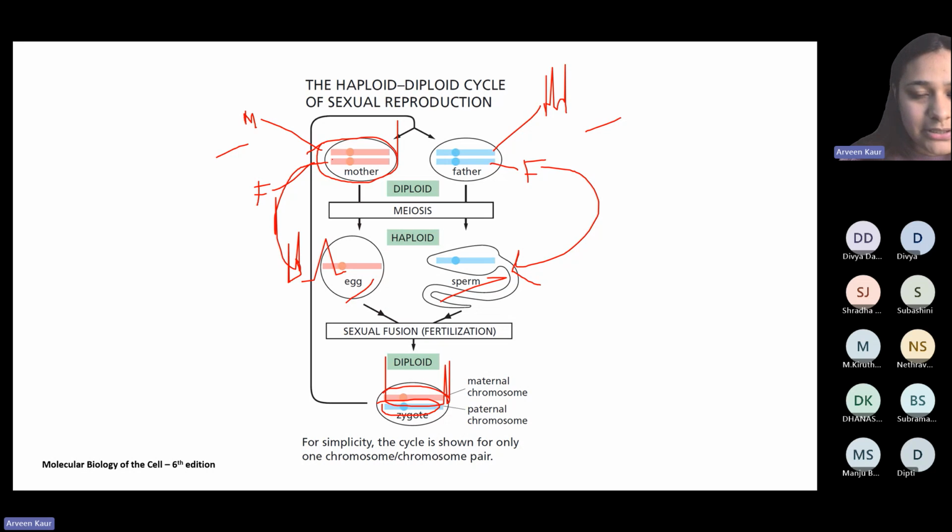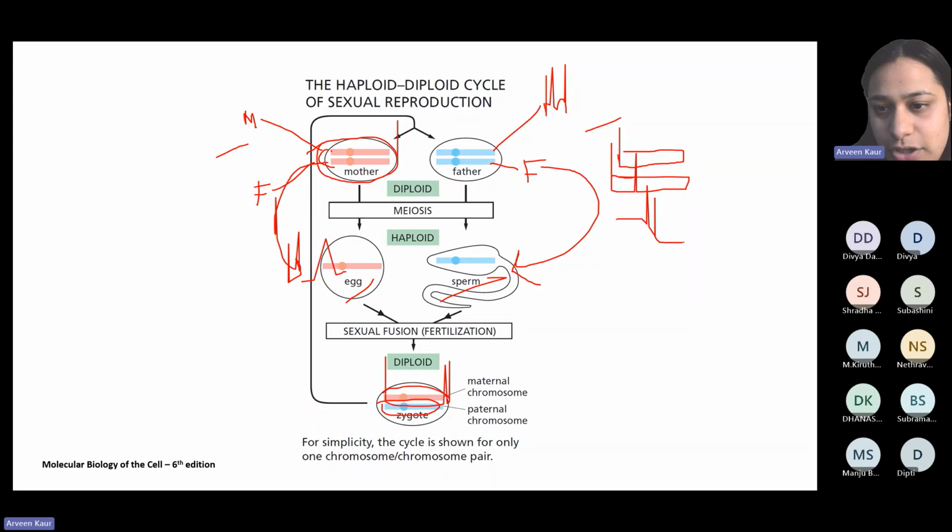Because before my mother is passing on one of these two chromosomes, within the set of chromosomes that my mother had, there is some kind of recombination occurring. Please forgive my drawing over here, with the mouse this is the best that I can do.